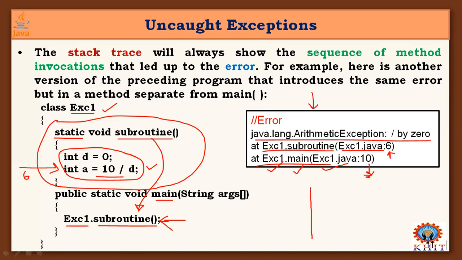If you observe the stack trace, we know that the control of execution first starts at the main method, so automatically it calls the subroutine. So first the control of execution starts from main, and the method invocation calls the function here. First of all, this is what gets displayed, right?